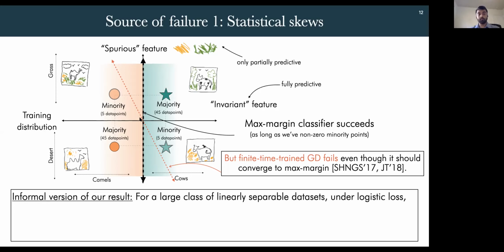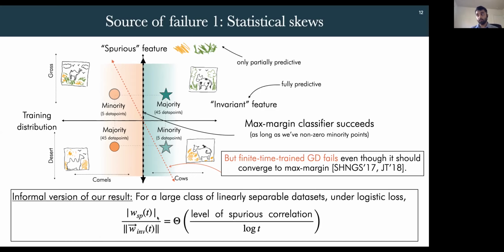So I'm looking at gradient descent as a function of the number of time steps. And so the spurious component divided by the invariant component.